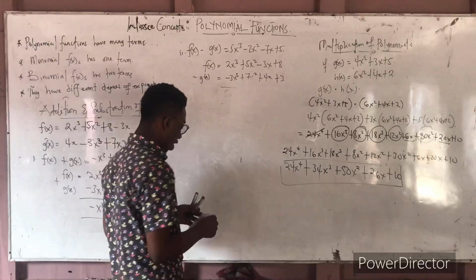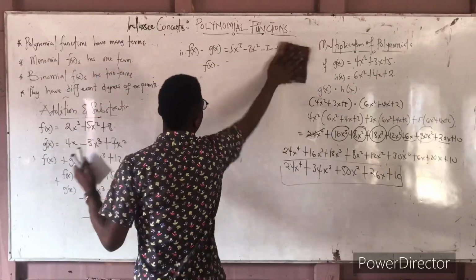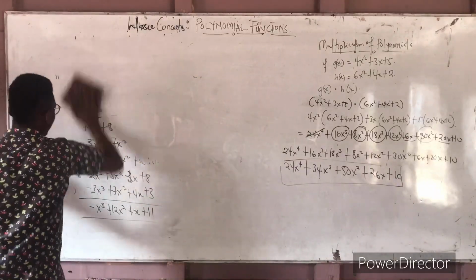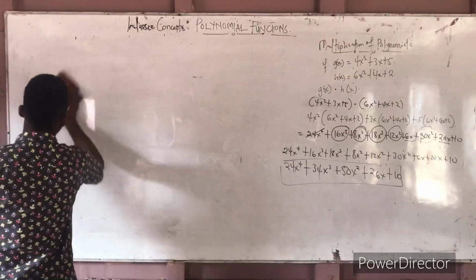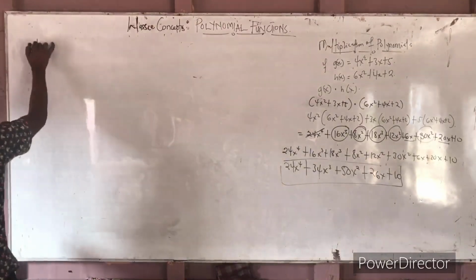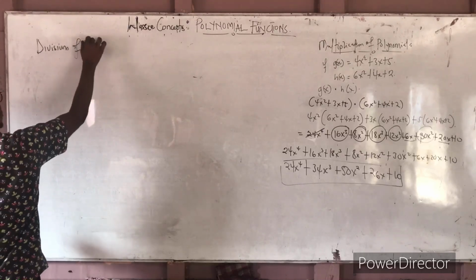Okay. Without wasting time, let's look at the division of polynomials. Okay, and that one is a little bit tricky, so I'd like you to pay much attention. The division of polynomials.